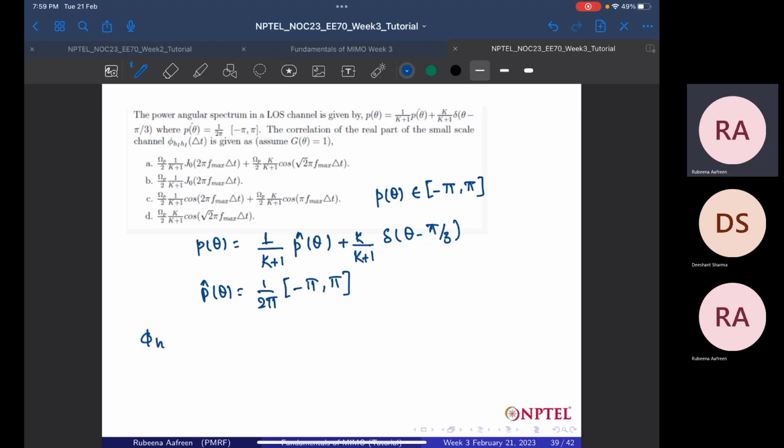So h I delta T you have to calculate, and antenna gain is given as 1. So there is a straightforward formula. Can you solve this?